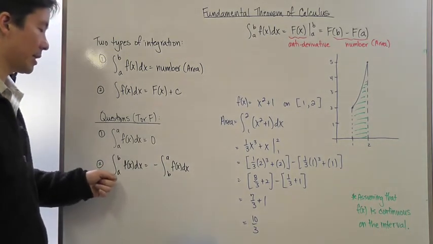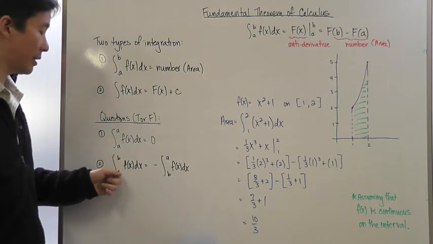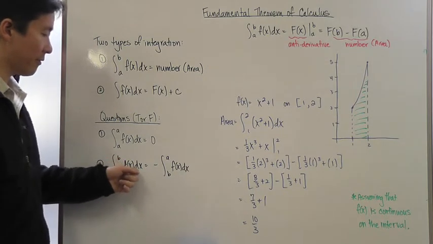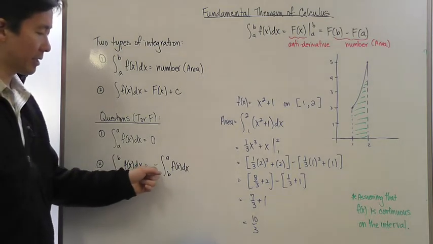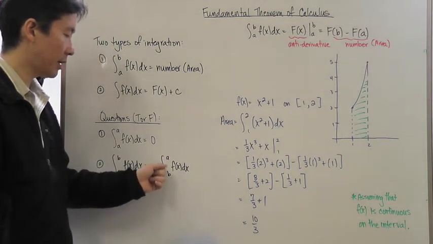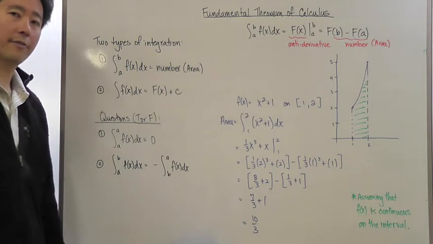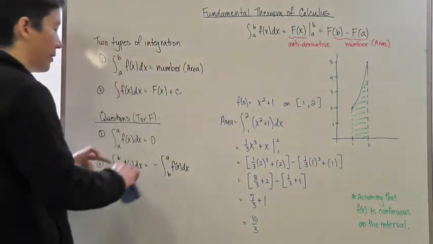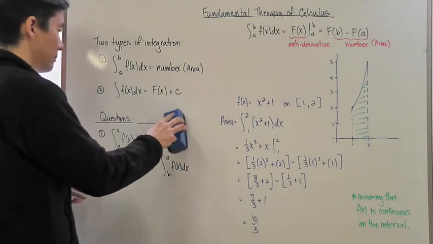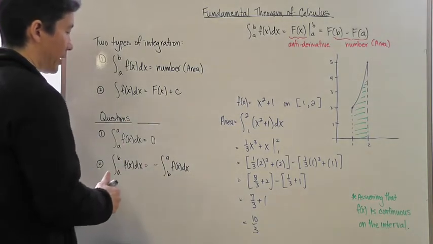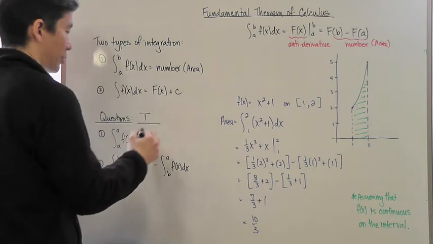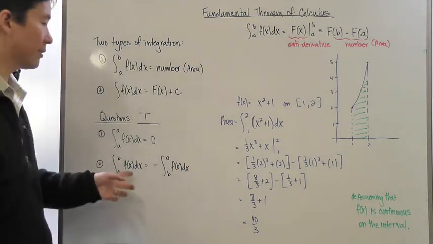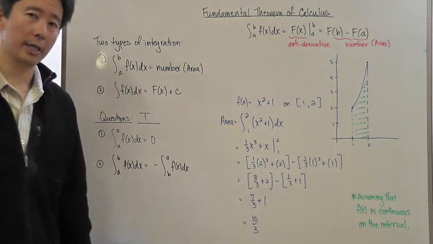And if I take the definite integral from a to b of f of x dx, is that the same thing as the opposite of the integral from b to a of f of x dx? Actually, instead of asking whether these are true or false, both of these are true. The question is why? Let's see if you can think about that, and we'll look at it later.